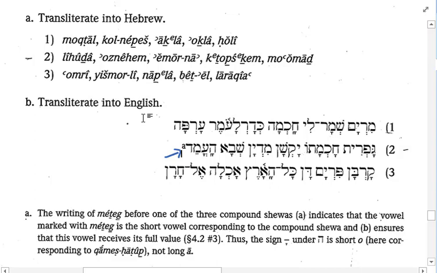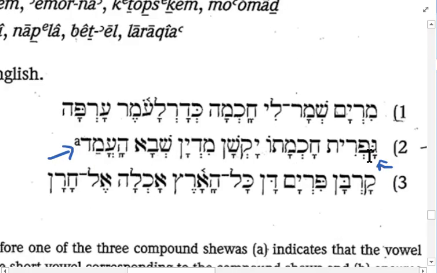Let's just remind ourselves about what we're dealing with here. Whenever we see the ambiguous symbol, like what we have here on the first one of number 2, I have a kametz or a kametz ketuf, and it's followed by a shva symbol, right?